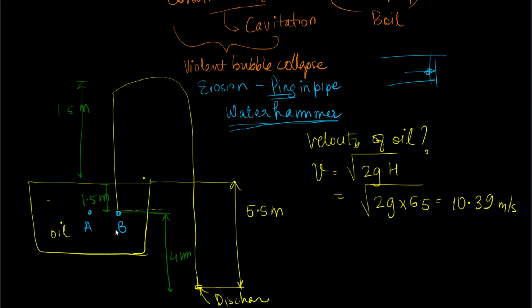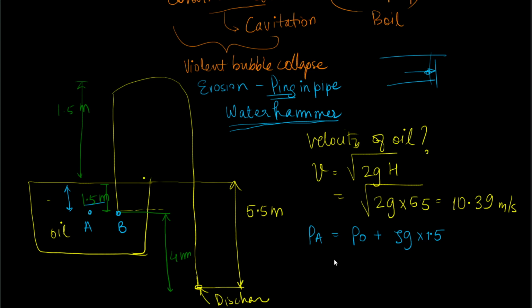So what is the pressure at point A? Pressure at point A will be purely hydrostatic. So pressure at point A will be equal to the atmospheric pressure plus rho g times this particular height, which is given as 1.5 meter.